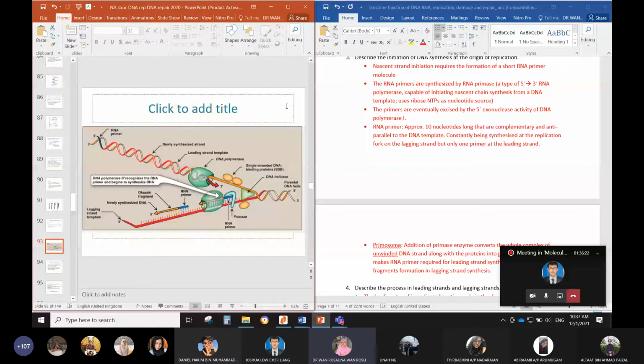Because of this, we have the nuclease activity of another polymerase, DNA polymerase 1, that would recognize this RNA primer and degrade it. So after polymerase 3 has long gone ahead synthesizing your DNA, DNA polymerase 1 would degrade this RNA primer, and then fill in with DNA.